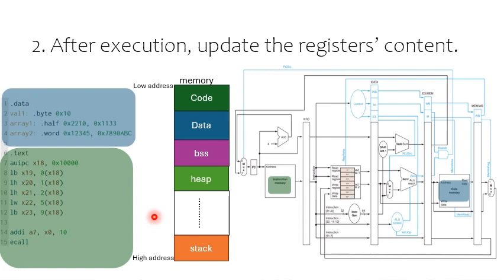Then based on the coding given, the register content in the register file here will be updated accordingly. How to extract the data from the memory to be updated in the register content will be explained later in the second part.